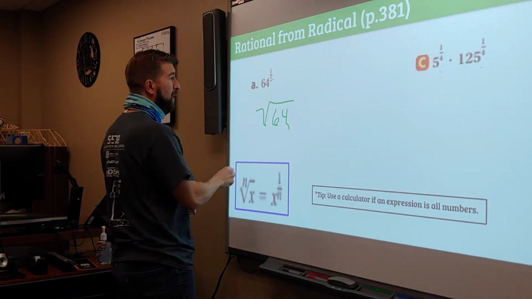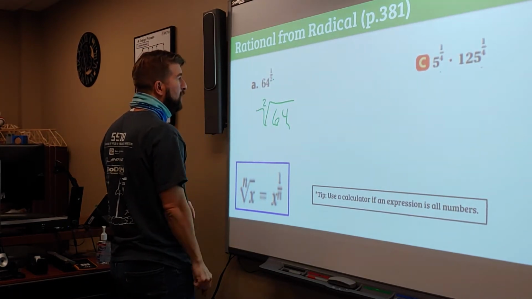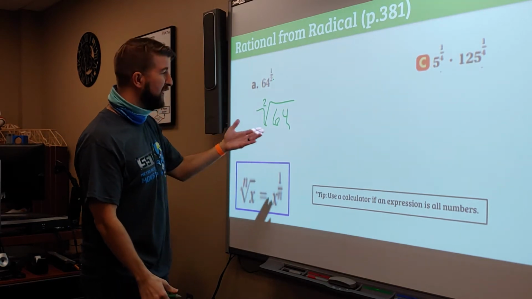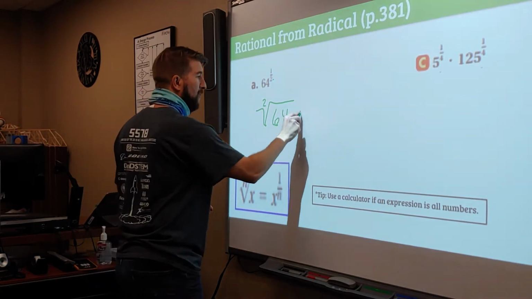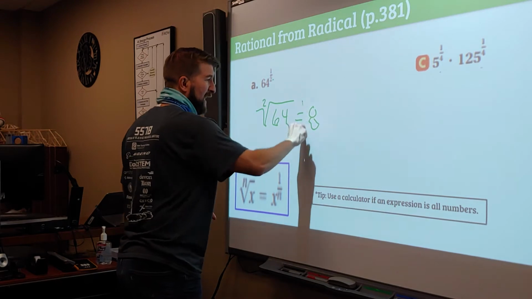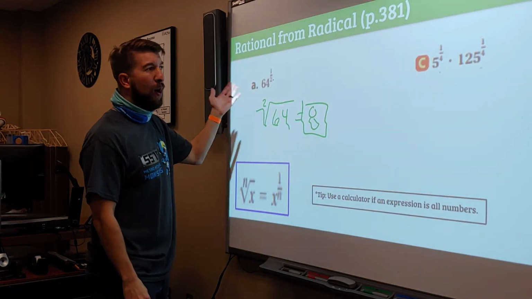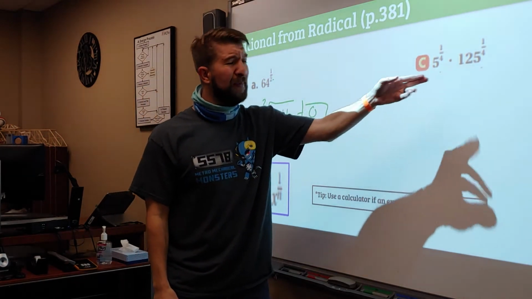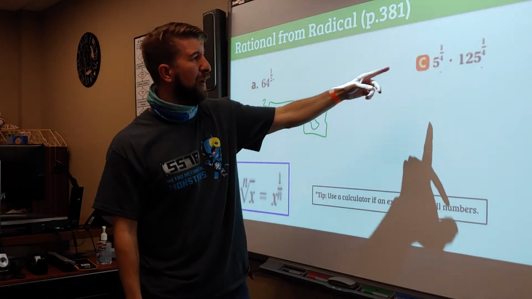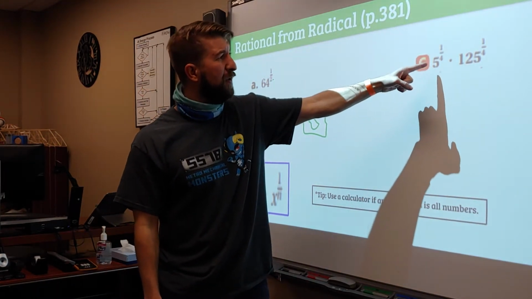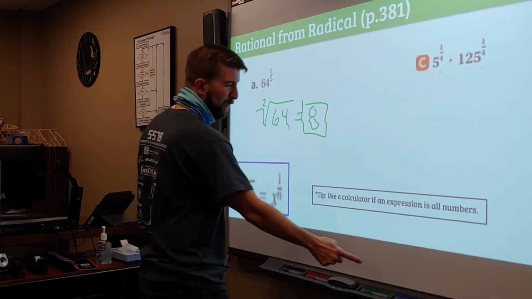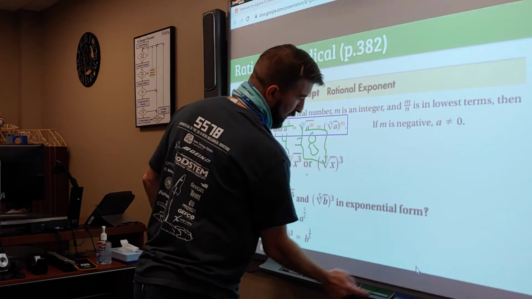The bottom number on the fraction goes right there. So I'm doing the square root of 64, which I know equals 8. But let's say I didn't want to do it that way. I wanted to type this into the calculator. Actually, we'll do this example first, and then we'll do the harder one.